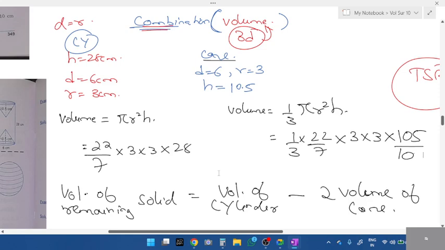Okay. Substitute volume of remaining solid, students. You'll get volume of remaining.